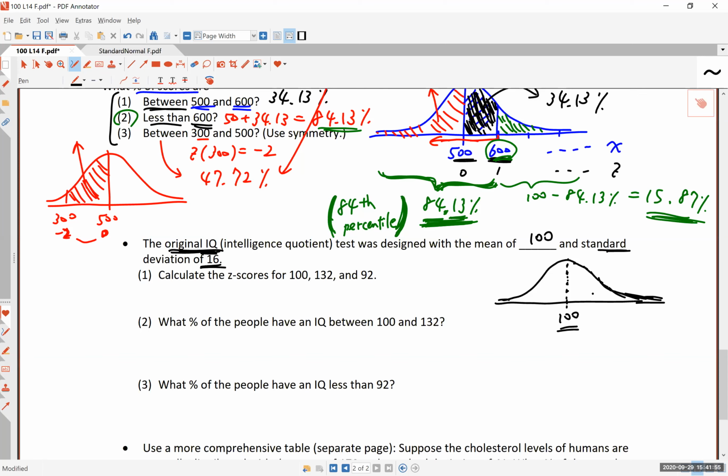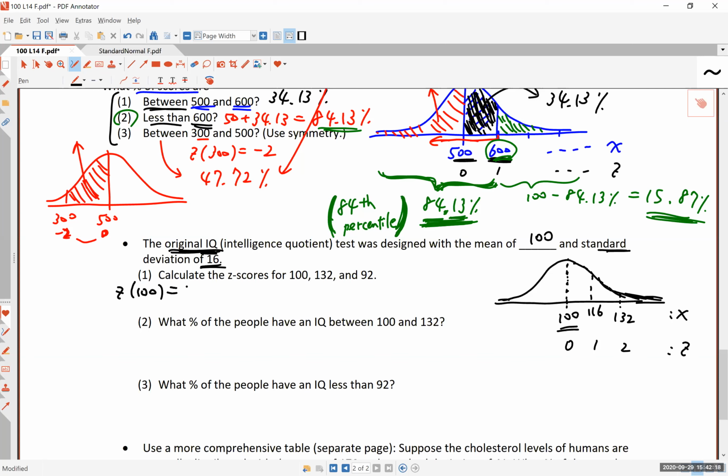So that means if you're right here, 116, you are exactly one standard deviation above the mean. 16 times 2 is 132. So 132 is considered 2 standard deviations above the mean. These are the X scores. Converted to Z scores, this is 0, this is 1, this is 2, as before. So let's calculate the Z-score for 100.